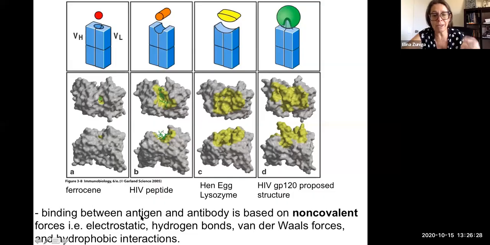So the binding between the antigen and the antibody is based on non-covalent forces, including electrostatic, hydrogen bonds, van der Waals forces, and hydrophobic interactions that will be determined by the amino acids in the hypervariable region that are in contact with the antigen, as well as the amino acids on the antigen side that are part of the antigen determinants or the epitope in the antigen.